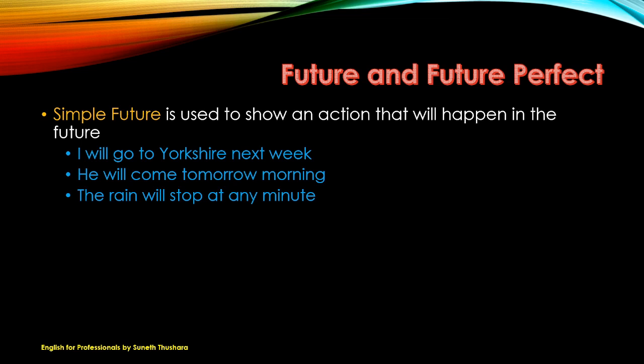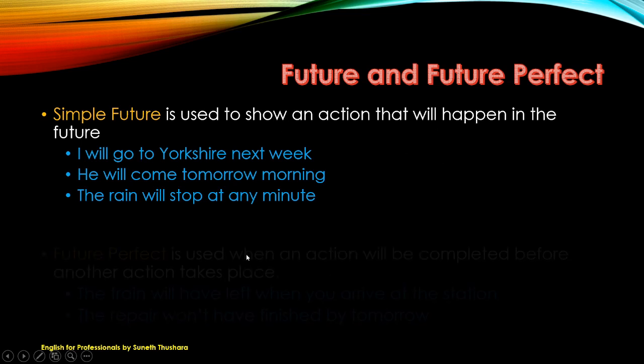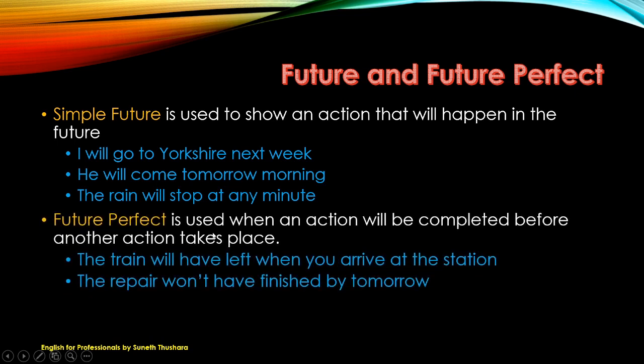There's a difference also. Now I'm not going to describe that here. So here when we say I will go to Yorkshire next week, that is an action that will happen in the future. So future perfect is used when an action will be completed before another action takes place.